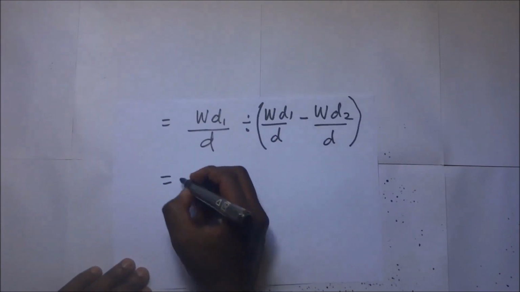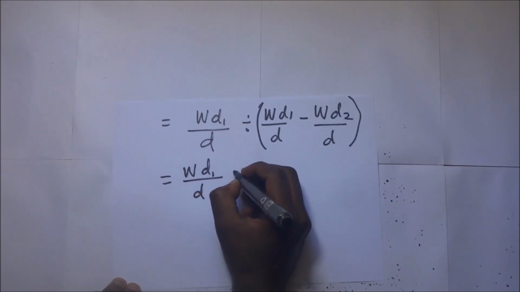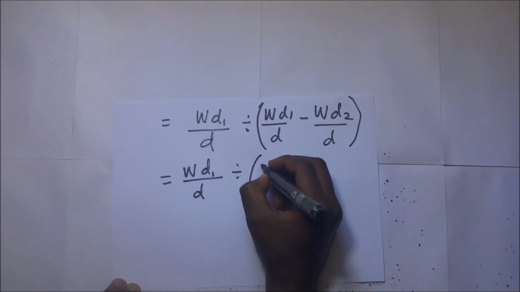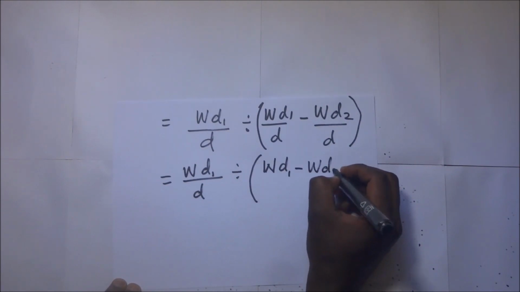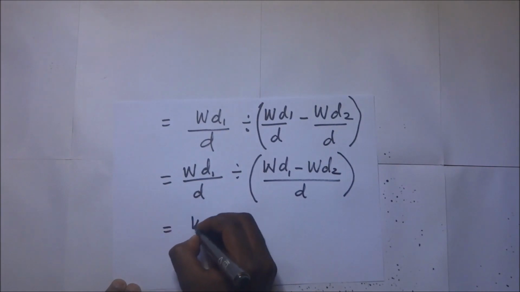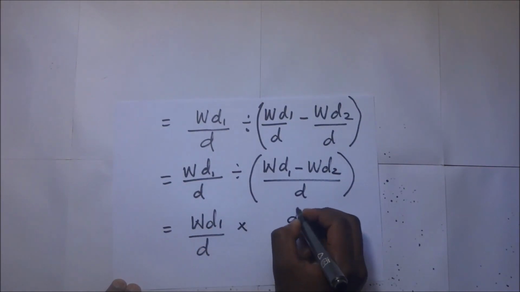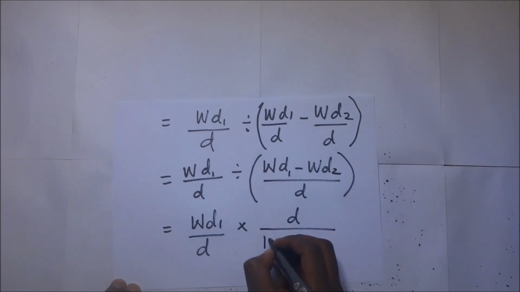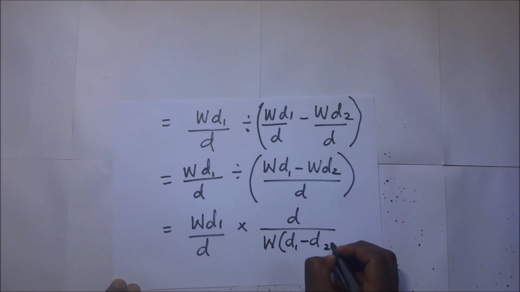To continue, this becomes W D1 divided by D, divided by W D1 minus W D2, divided by D. This becomes W D1 over D, multiplied by D, the reciprocal of this, over W outside the brackets, into D1 minus D2.